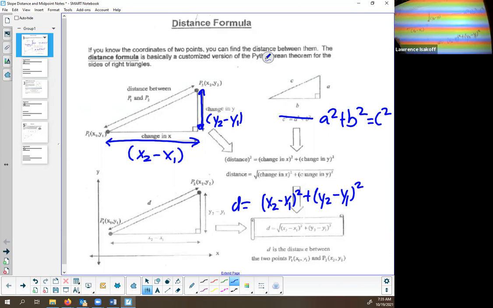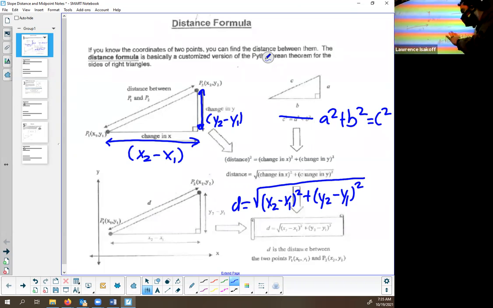So my change in x squared plus the change in y squared will give me my distance squared. But how do I undo squaring something? What's the opposite of squaring? Okay, it's been a little while, I get it. It's the square root.